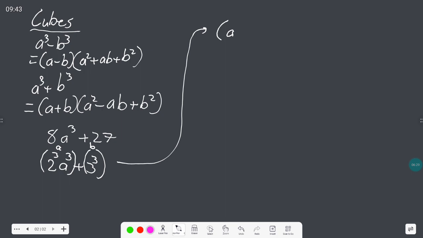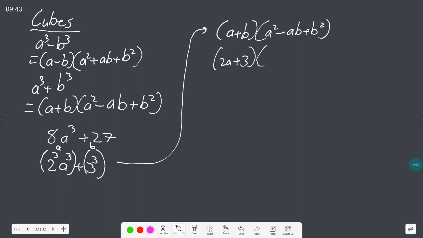The standard formula will be a plus b, and I will have a squared minus ab plus b squared. Okay. So if I substitute my values now, in my first bracket it will be 2a plus, what's my b value? It's going to be 3.